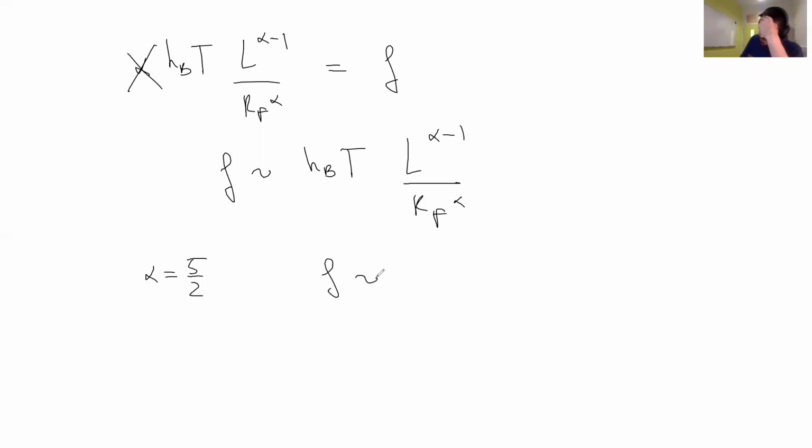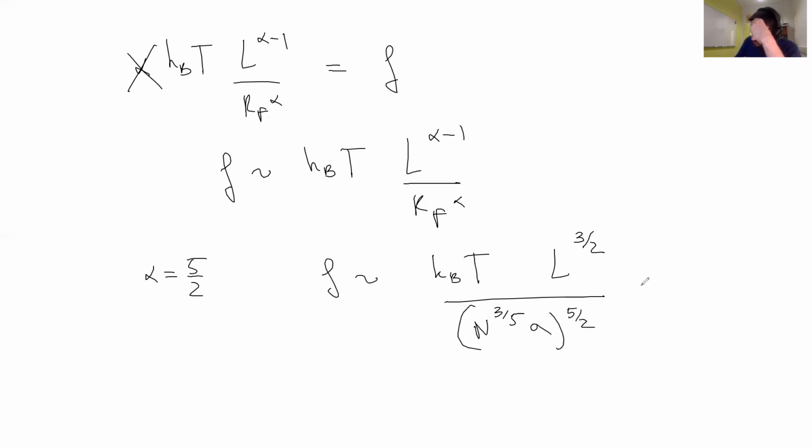This then tells me that I have kBT times L^(3/2) divided by Rf^(5/2). So Rf is N^(3/5) a, to the power 5/2, which is kBT over a L to the N a 3/2.